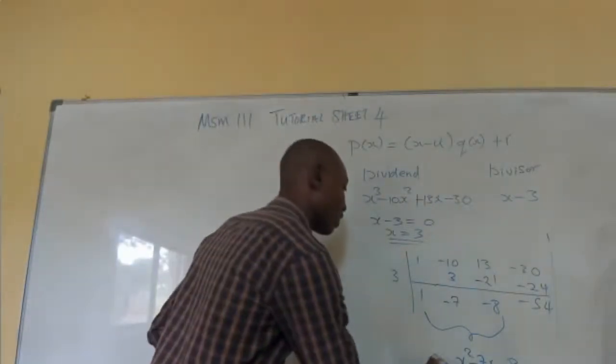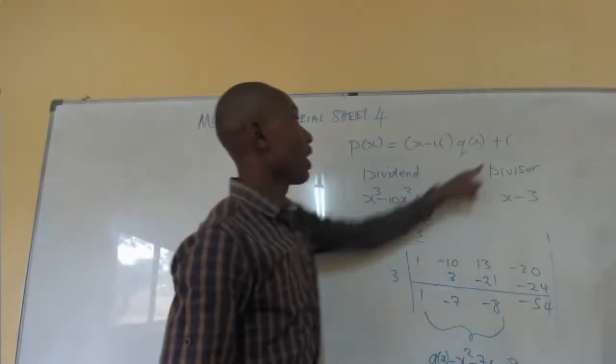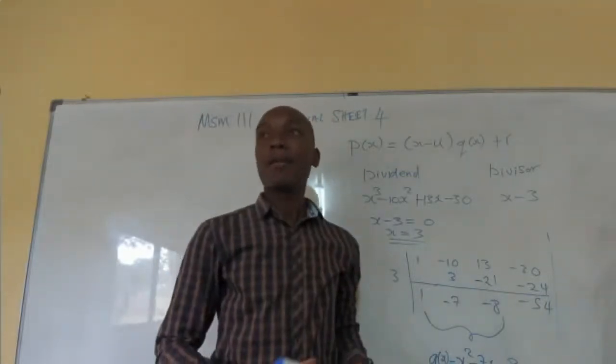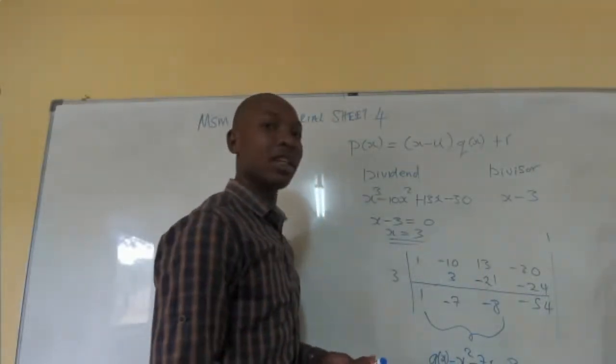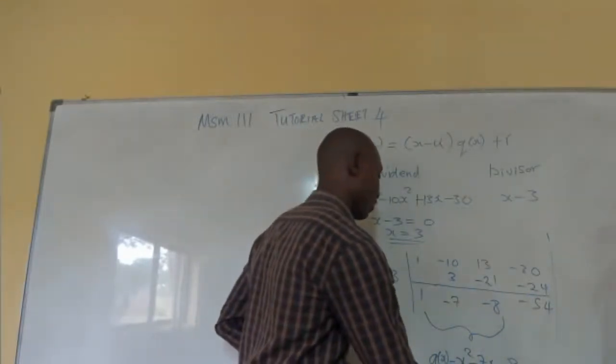This is what we call q(x), the quotient. Then we have r, the remainder, which is negative 54.